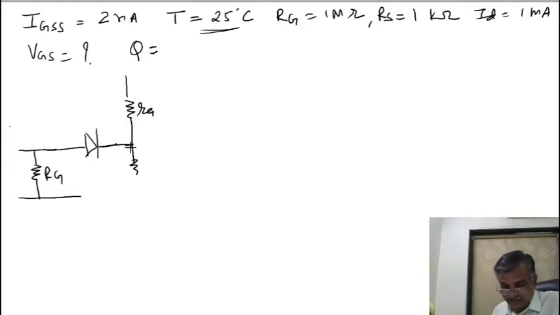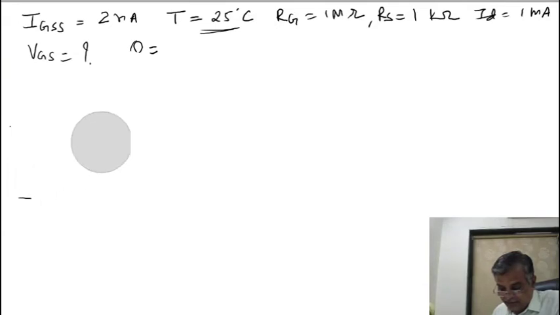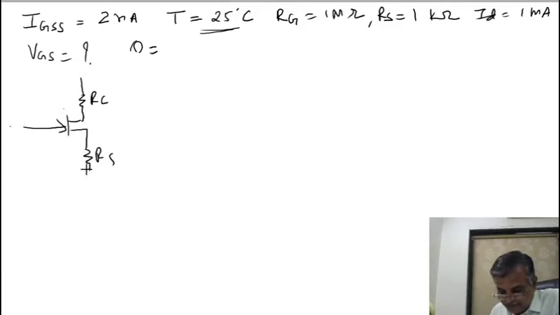If you do not understand, let me show a bigger figure. This is the circuit diagram. This is RL, this is RS, this is RG. This circuit can be redrawn like this.